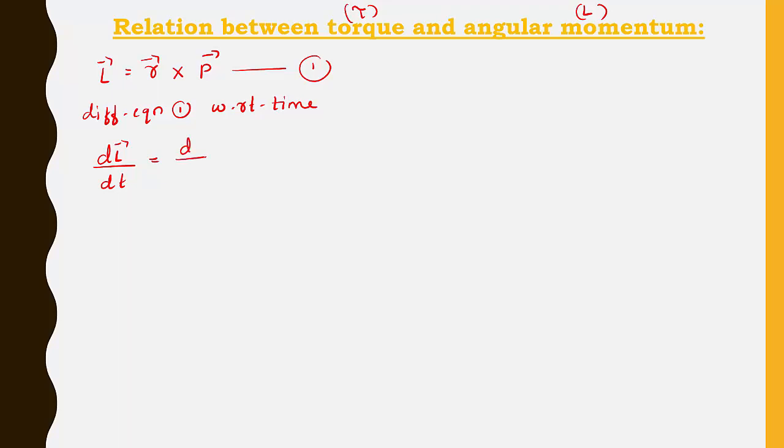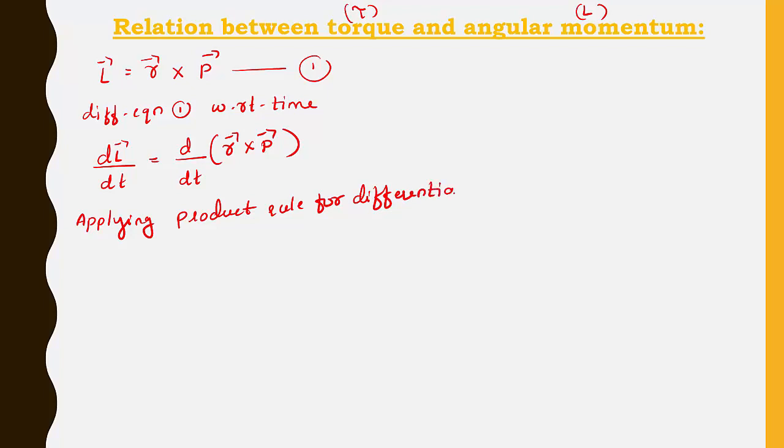So we can write d by dt of R cross P. Because both are variable, we can differentiate both the terms here. This is of the form U into V, and there is a standard formula in differentiation. So I am going to apply the product rule for differentiation.